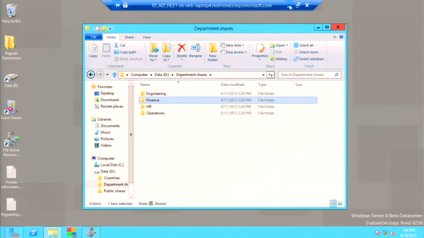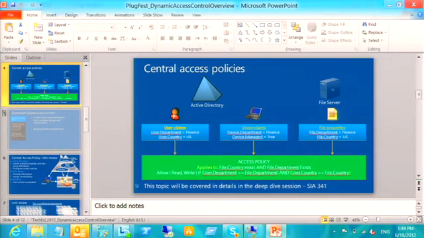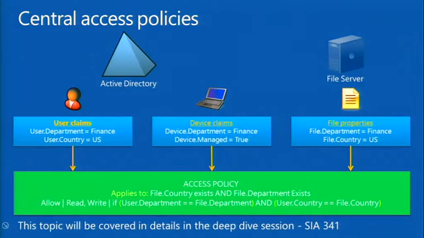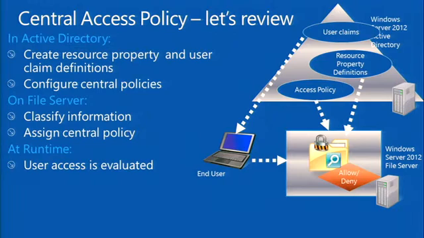Okay, so we did central access policy. And just to quickly recap, we can now define user claims, resource properties, and access policy in Active Directory. We did all this for you guys. So all you need to do is do the right authorization on the backend.